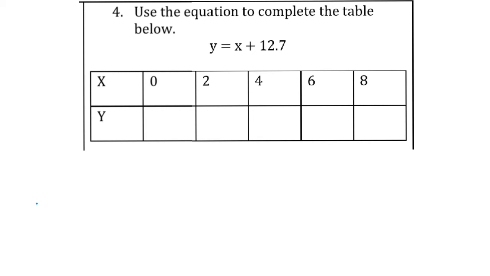So when we do these problems, remember we are taking whatever they're telling us x is and substituting it in here. So here I'm going to substitute in 0, 2, 4, 6, and 8. So I'm actually going to write it underneath each one. So we have 12 7/10 plus 0, which we know is 12 7/10.